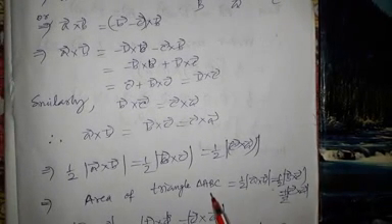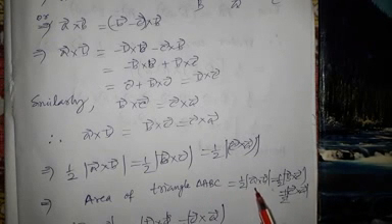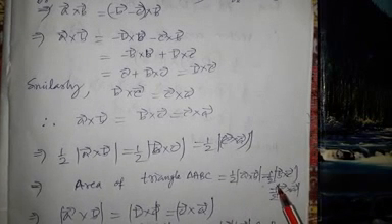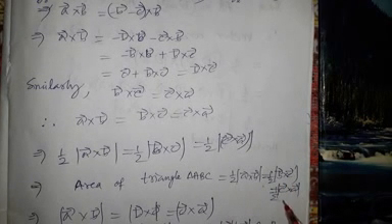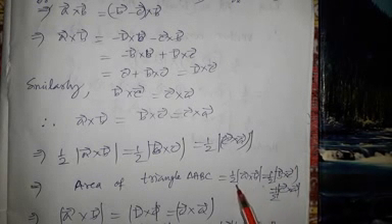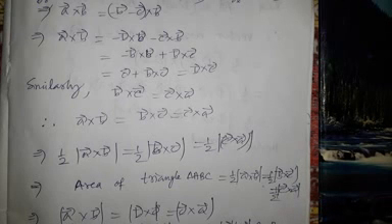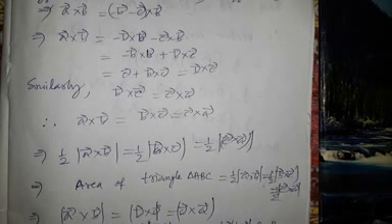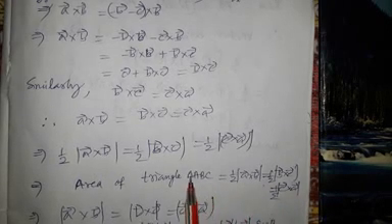Area of the triangle ABC is equal to half into the magnitude of A cross B is equal to half into the magnitude of B cross C is equal to half into the magnitude of C cross A. After cancelling the half, the magnitude of A cross B, the magnitude of B cross C is equal to the magnitude of C cross A.